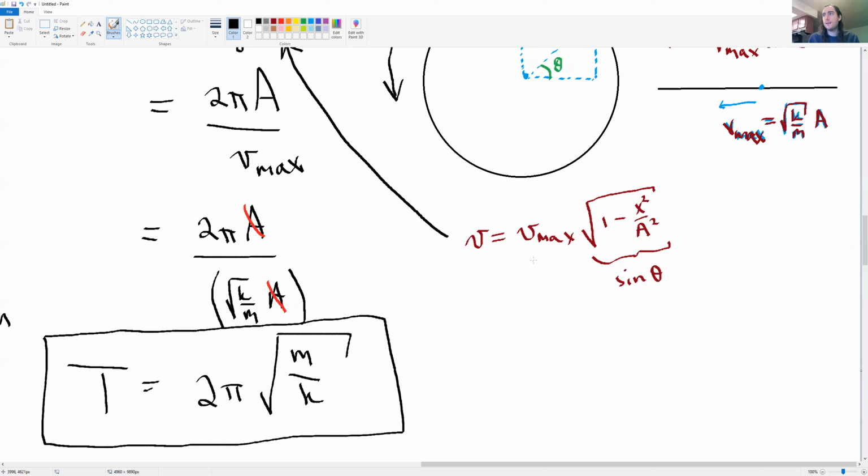In order to calculate it, we had to draw an analogy between the spring mass system and uniform circular motion. All we had to do was match the max velocity, the velocity at equilibrium for the spring mass system, to the speed in the uniform circular motion. Once we did that, everything just fell into our lap. If we knew that fact ahead of time, we could have skipped a lot of this algebra, but of course, it's important to show that it's true.